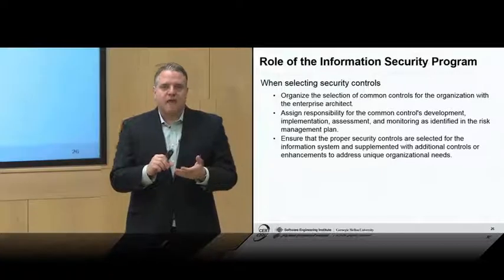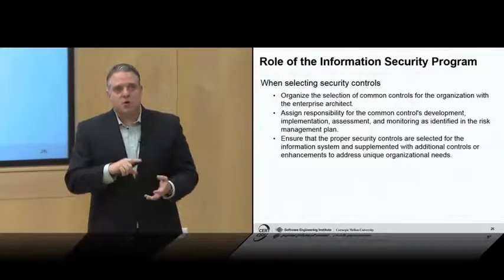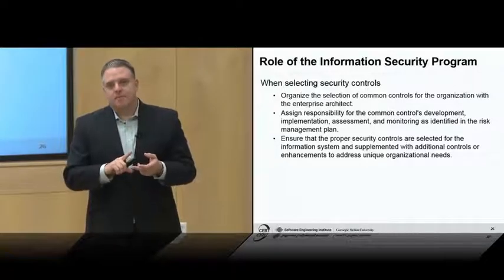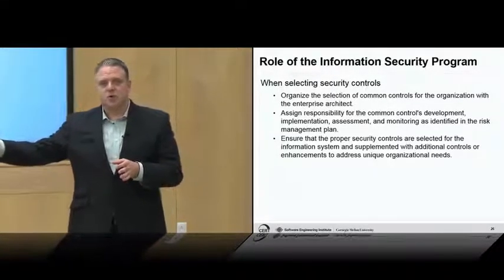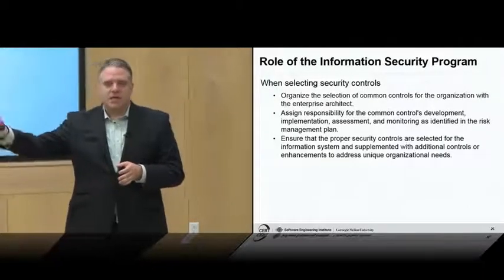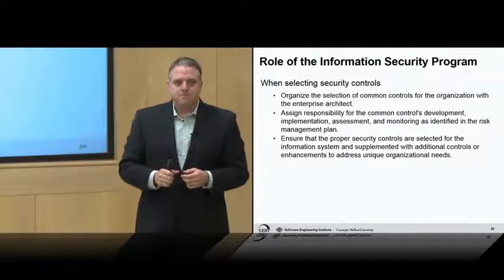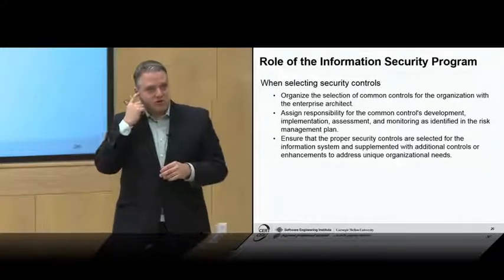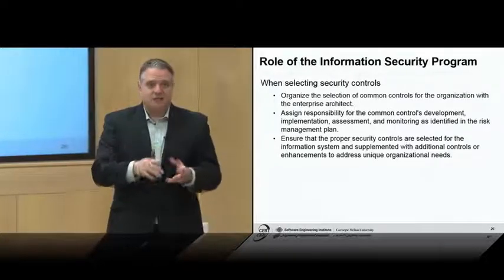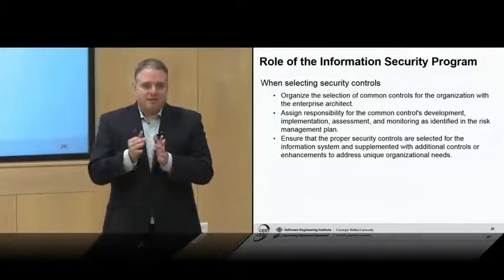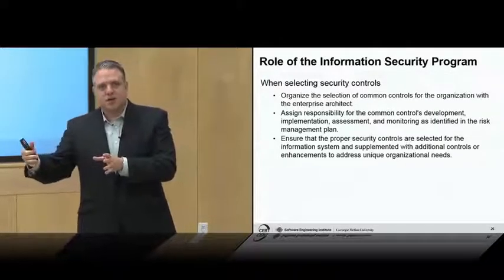Then it will look at who's responsible for developing each control, implementing it, assessing the effectiveness of it, and then monitoring compliance with that control over the course of a year, 2 years, or whatever the life of the program would be. And then it makes sure that the right controls are selected and implemented, and that those controls actually meet the risk mitigation needs of the organization.